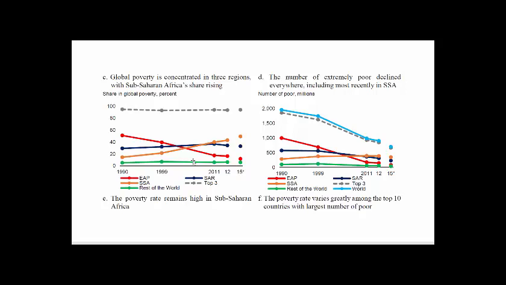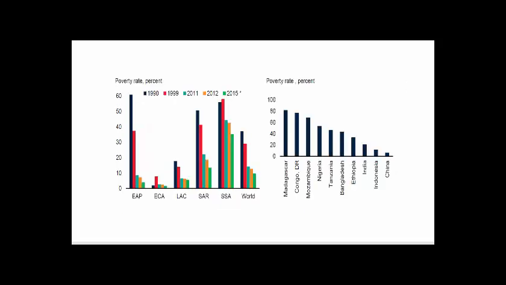And so poverty has not fallen as much in those places, but in general, poverty has gone down, with the exception of Sub-Saharan Africa and then India. Again, more charts that look at the same trends.